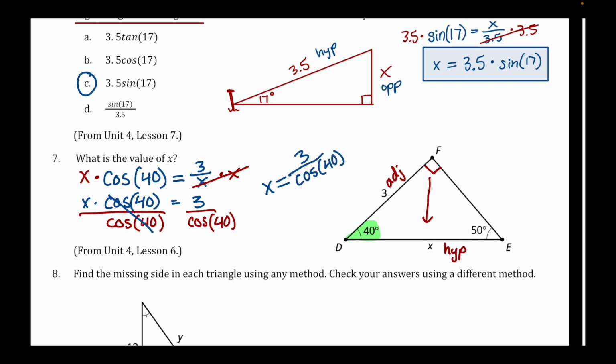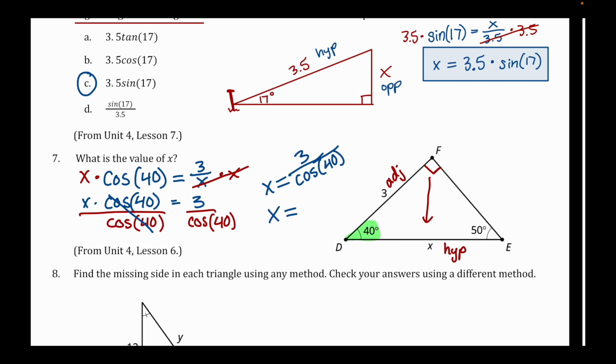Now, if someone wanted an exact measurement, that is as exact as we're going to get. So I will give a decimal approximation of this, though, because I'm going to type that in. 3 divided by cosine of 40 degrees.